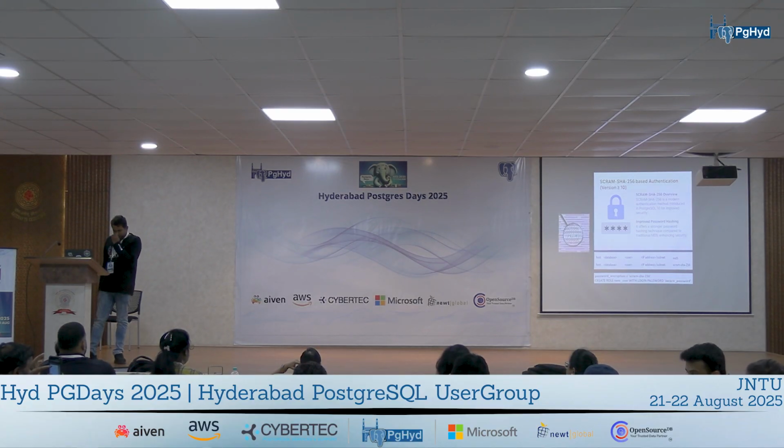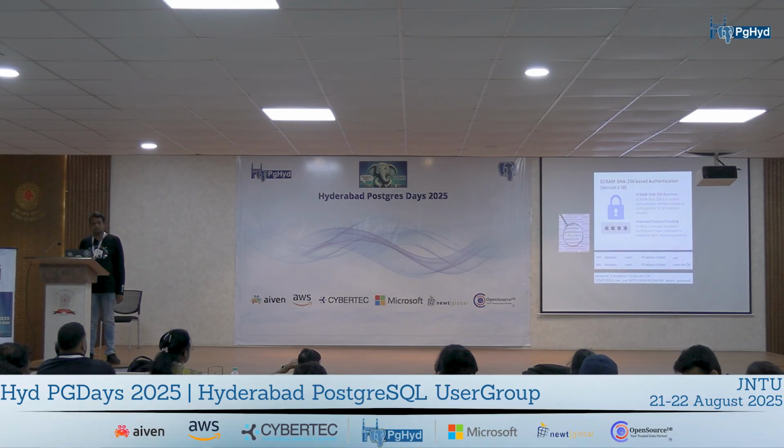This SCRAM SHA-256 is a new authentication mechanism that was introduced in version 10, but was not the default until 14. From 14 onwards, SHA-256 is the default encryption algorithm. In the configuration file there is a parameter you need to set so that this authentication mechanism gets activated on the cluster.